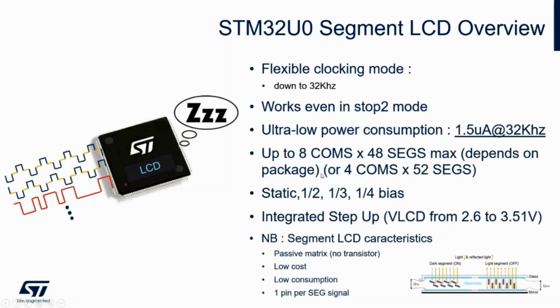Depending on this, 1 segment signal can be used to drive several segments in practice. But anyway, to display a lot of information on an LCD, you will need many pins. But it's ultra low cost, ultra low consumption.